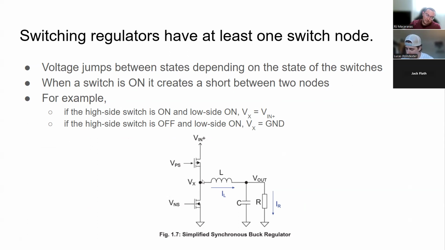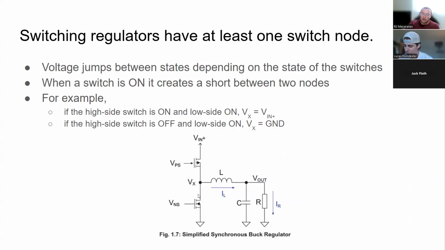So in this case, if I'm looking at Vx and I turn on this top switch, then I've created a short from Vin to Vx. And so this Vx voltage will be the same as Vin, minus whatever small voltage drop occurs across this switch, but we'll just assume that it's ideal for now. So it's creating a short. And likewise, if I turn on this bottom switch, then I've created a short between Vx and ground.